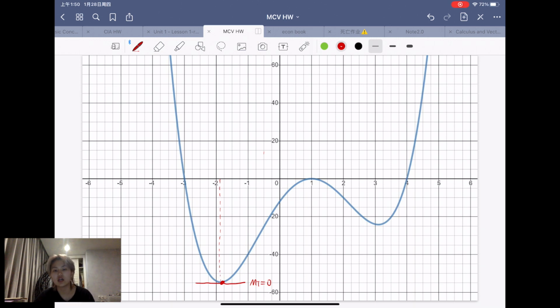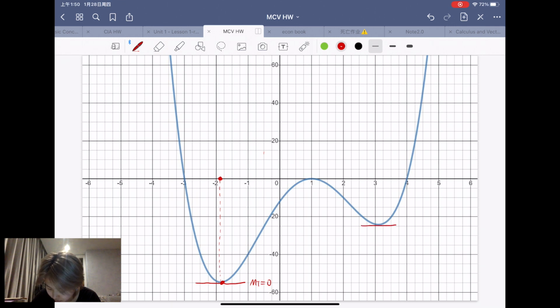Since the x coordinate is -2 on the derivative function, we plot the value of the slope of the tangent line, so we put a point here at x = -2 and y = 0.